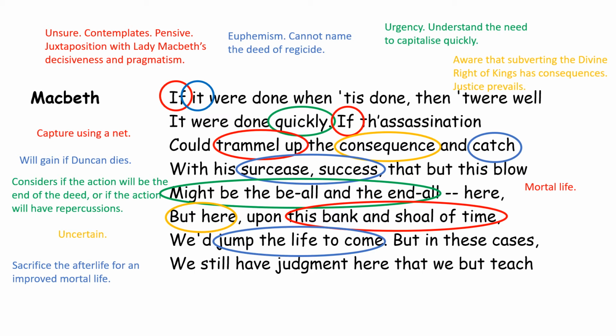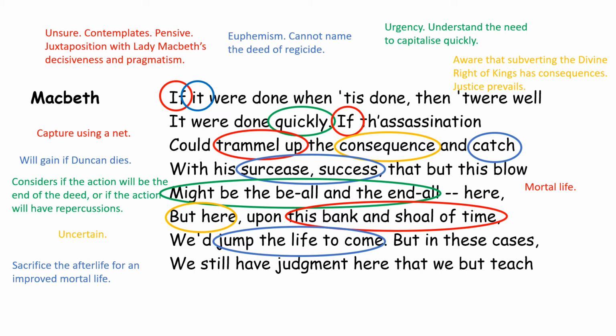Because if you believe in Christianity, as people in a Shakespearean society would, you believe that if you do good things in your life, you get a wonderful afterlife. And if you commit evil acts, then you don't get to go to heaven with all of the other good people. You have a place in hell waiting for you. And Macbeth is contemplating whether this murder would be worth giving up the next life.